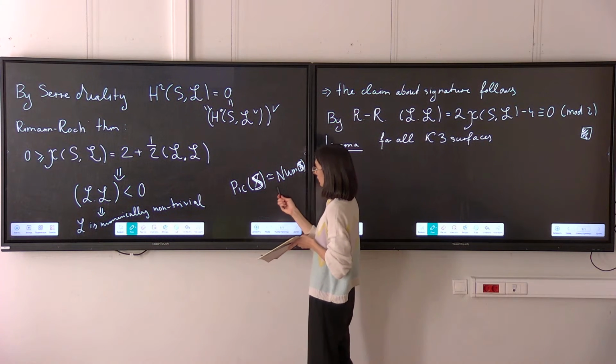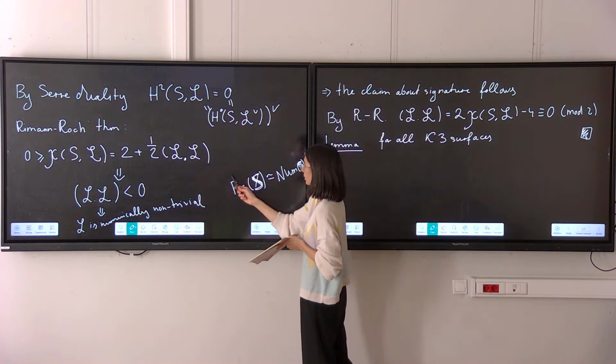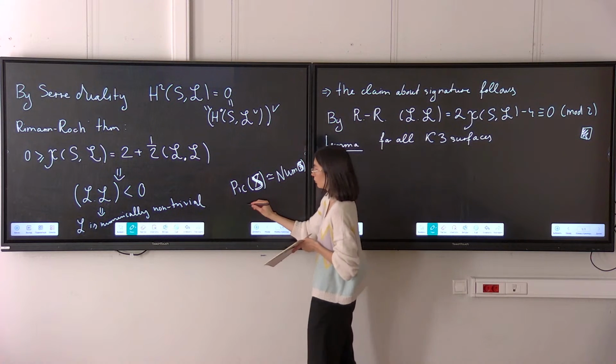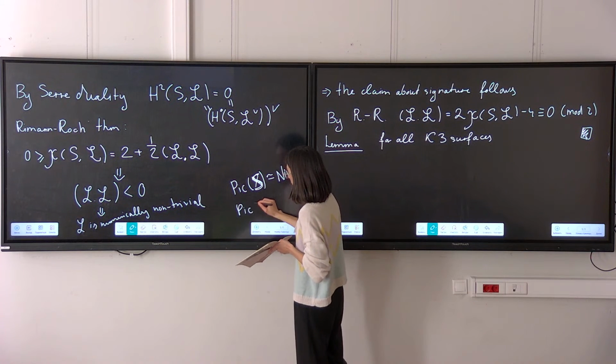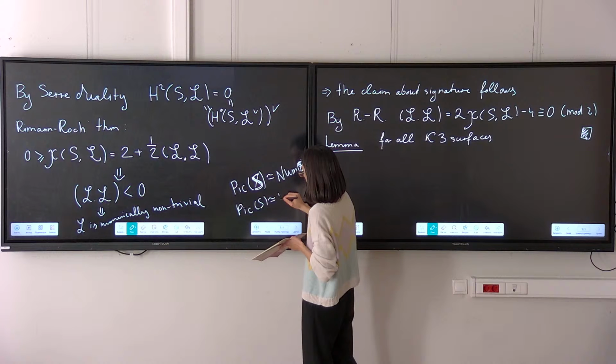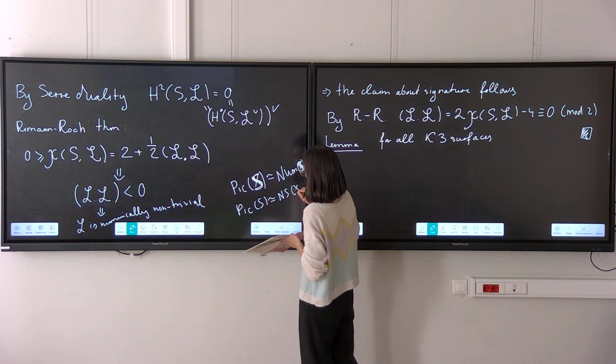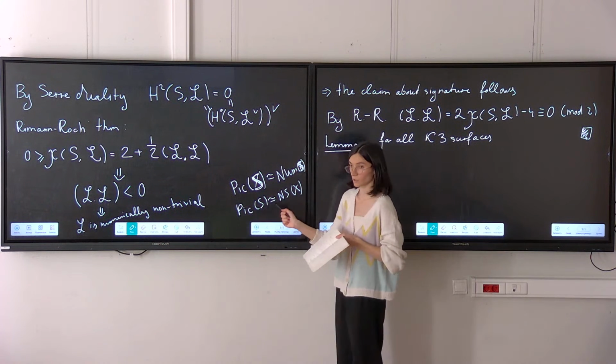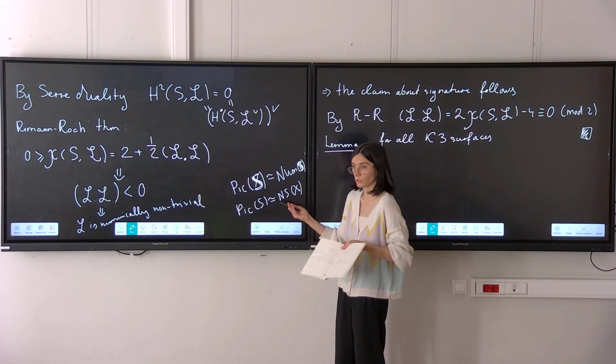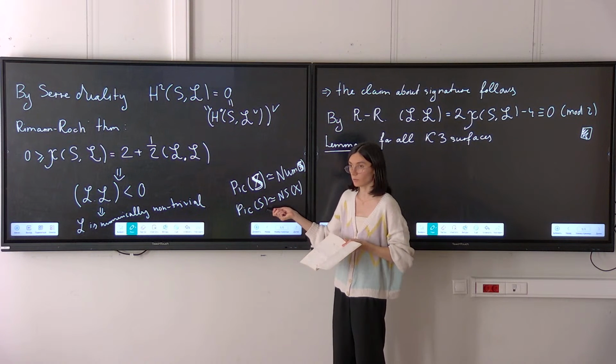For non-projective K3 surfaces, we don't have these isomorphisms. We will discuss this in the complex setting, and non-projective K3 surfaces can appear only in the complex setting.